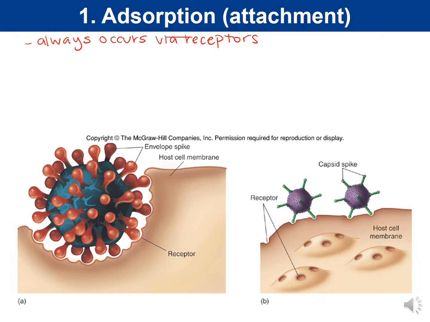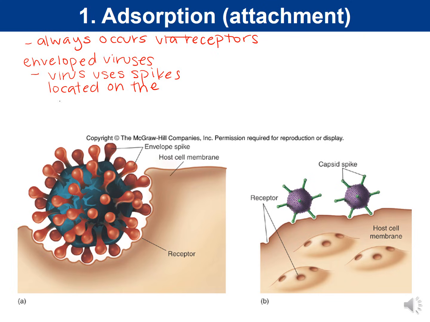And in enveloped viruses, the way that it is absorbed is that the virus uses spikes located on the envelope to bind to receptors that are found on the host cell.